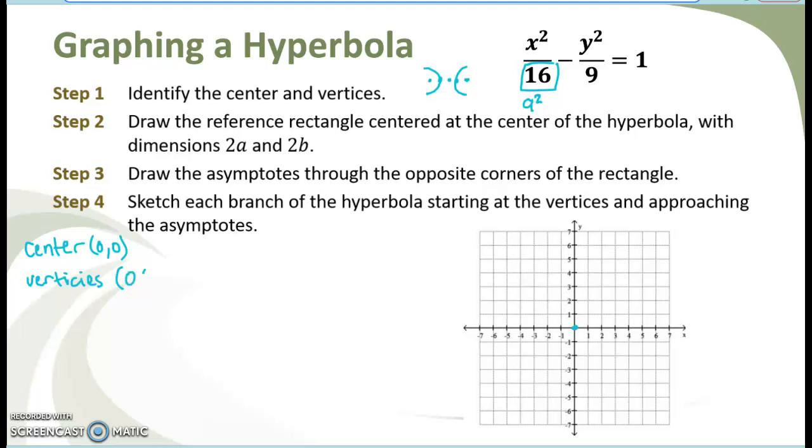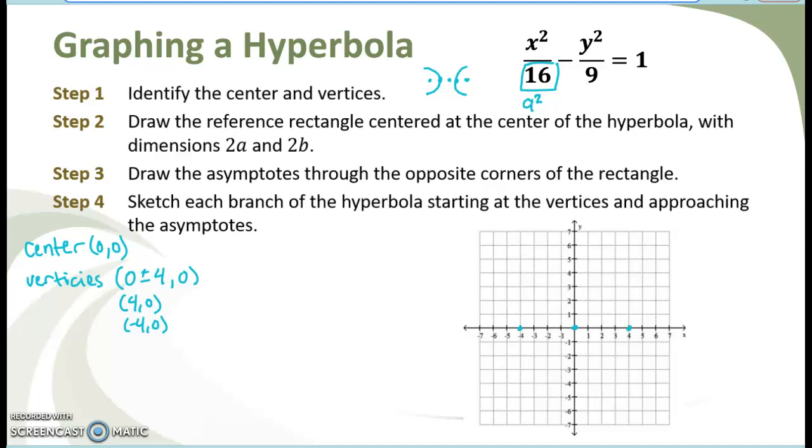We're going to take 0 plus or minus a, which is 4, and 0. So our two vertices are at 4, 0, and then -4, 0. So we have our two vertices here, like so.